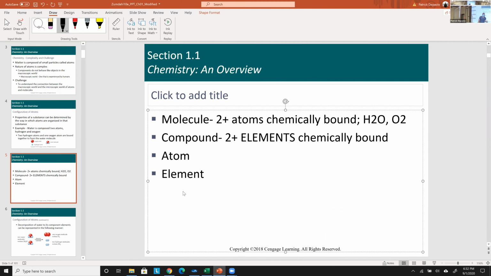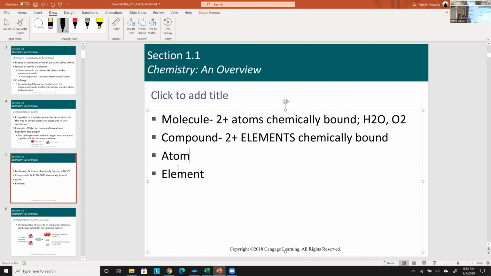So out of H2O and O2, which one would be just a compound? Yes, H2O. Good. H2O is a compound because it has hydrogen and oxygen. They're both molecules, but H2O is a molecule and a compound, where O2 is not a compound. It's just a molecule because it has two or more of the same type of element.